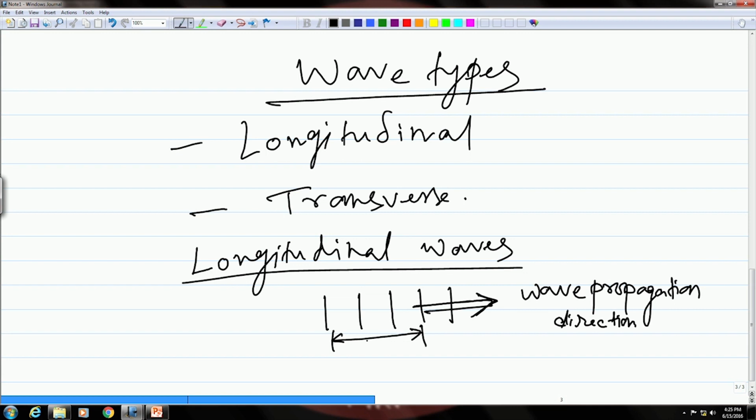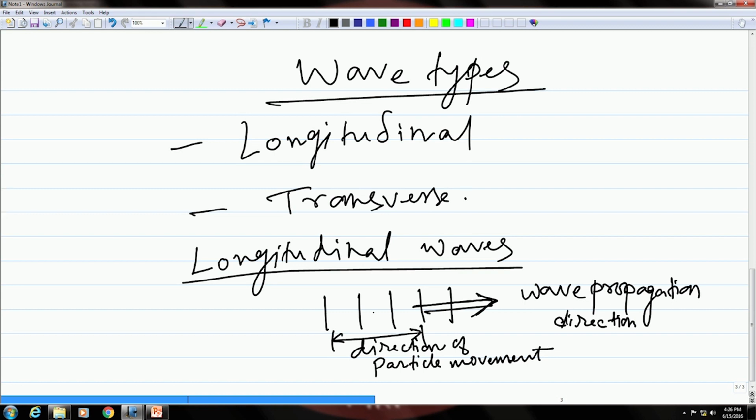So, it is moving in this direction, and the particle movement direction also will be the same. So, this is the direction of particle movement.